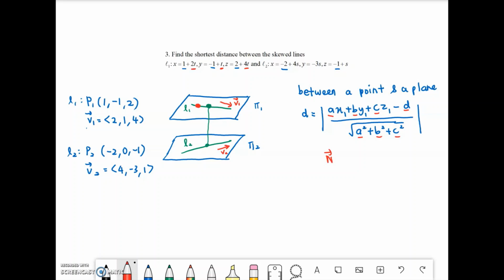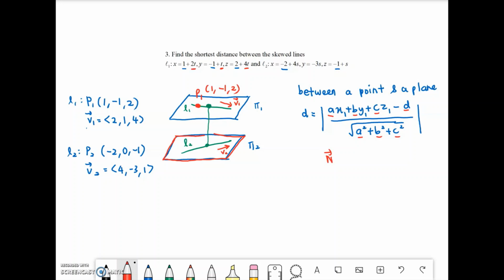So I choose this P1 as our point, and the plane is plane 2. We have only the equation of line 1 and line 2, and the point is no problem anymore because we have identified our P1, which is (1, -1, 2). So the next thing is that we have to identify the normal vector for plane 2.